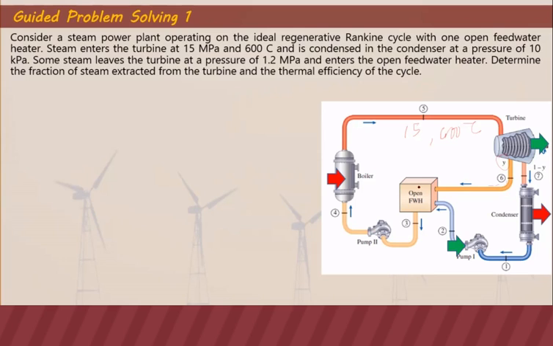This open feed water heater will heat this fluid because of the extracted heated steam. As a result, we have point 3, and point 3 is pumped to the boiler pressure. So that is how our open feed water heater cycle looks like.